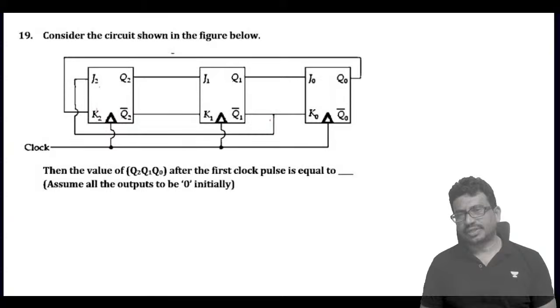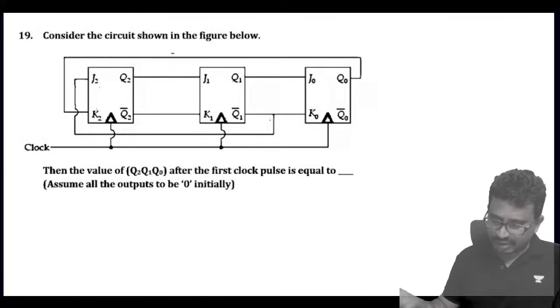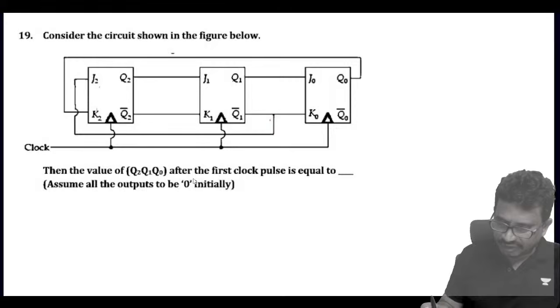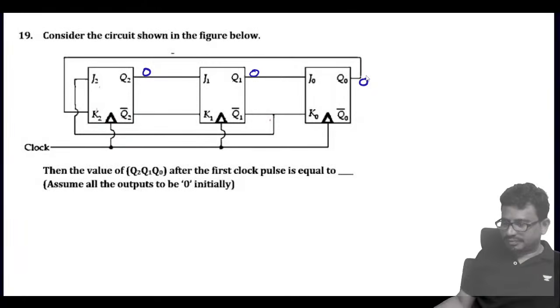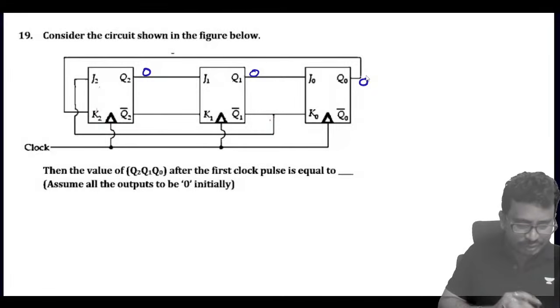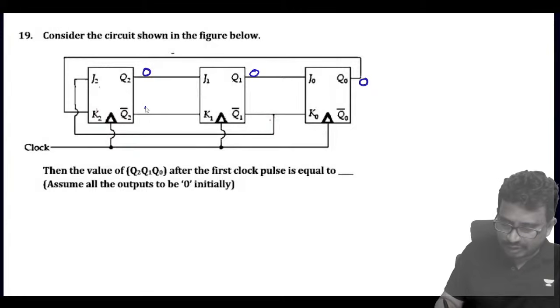After applying a first clock pulse, what will be the values? Initially, the values are given as 0. So this value 0, this value 0, this value 0. That means this is 1, this is 1, and so fine.